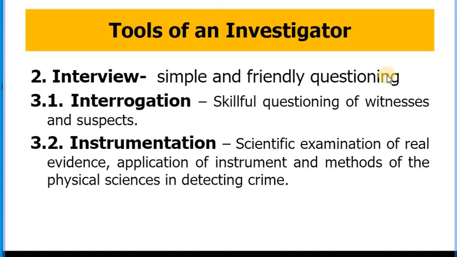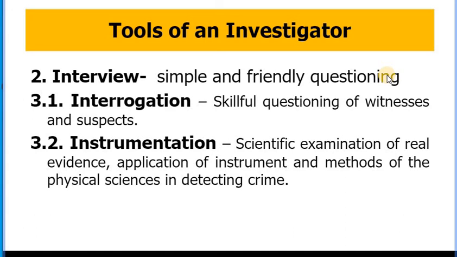Kapag interrogation, gagamit ka ng skill or parang technique. Kasi may mga suspect tayo or mga witnesses na ayaw magsalita agad. So, paano yun? Gagawin mo, for example, meron tayong Mutt and Jeff techniques. Yung isa, mag-a-act na parang kakampi niya yung isang tao. Yung isa, mag-a-act na parang kaaway niya.